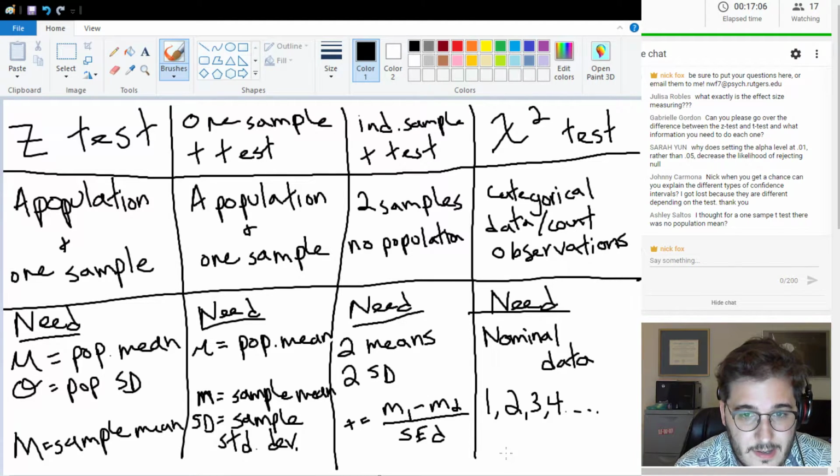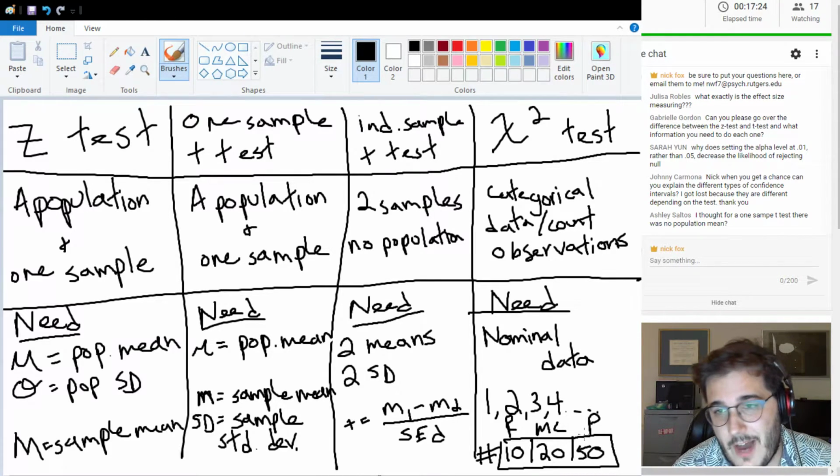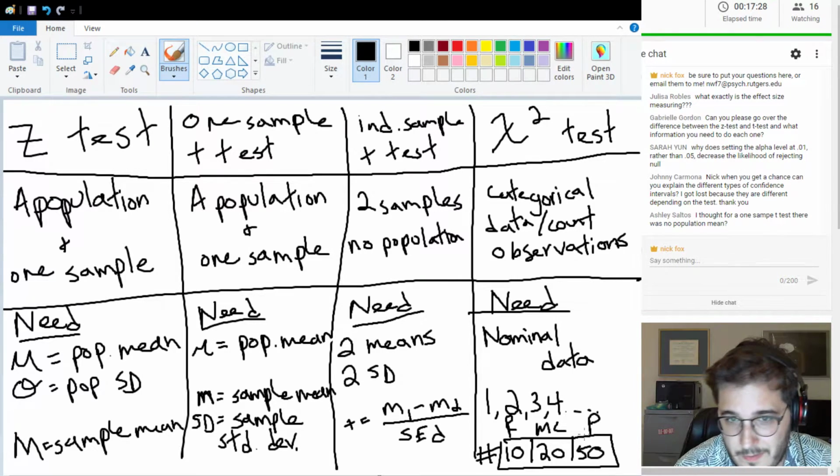So like you would have something like this, right? So let's say this is rich, this is middle class, and this is poor, and this is the number of advertisements, and you could have like 10, 20, 50, right? So you don't have like 50.5 advertisements in a neighborhood. It's either 50 or 51. So that type of count data is when you use chi-square.